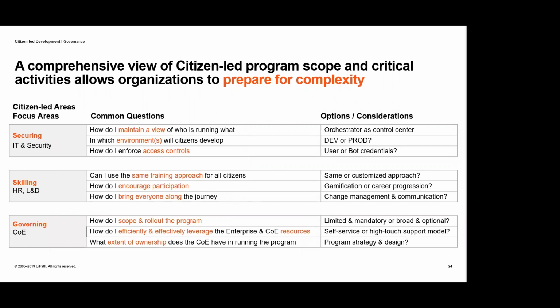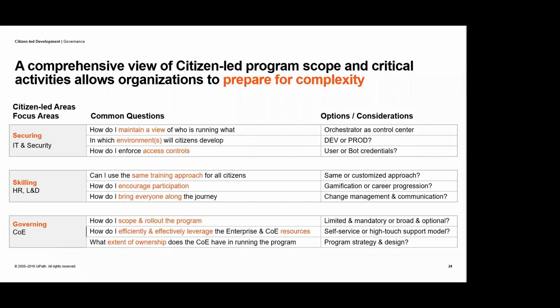So companies need to prepare for complexity and be able to anticipate them before starting a citizen development program. Here are some pointers, common questions to consider. We've actually discussed some of these in previous slides, so I won't read through all of this. The key takeaway here is think about how to scope and roll out the program to maximize its chance of success most quickly.